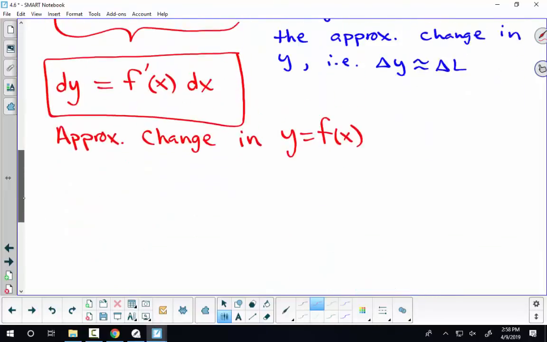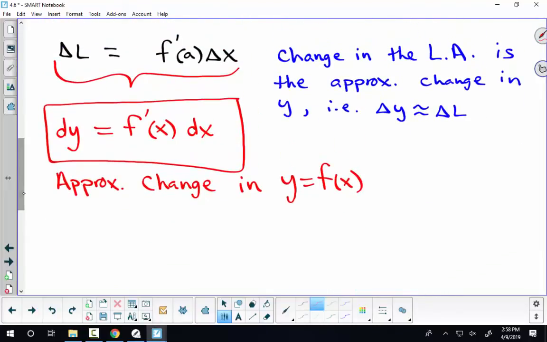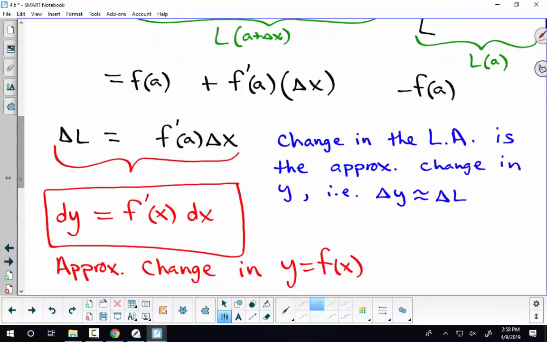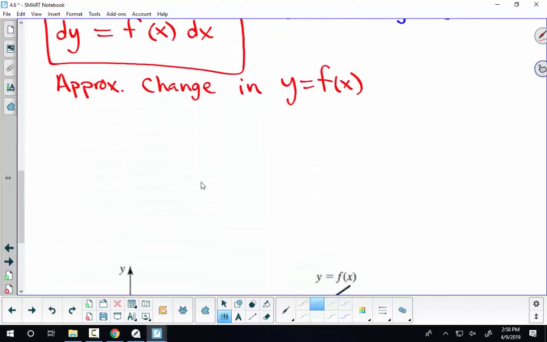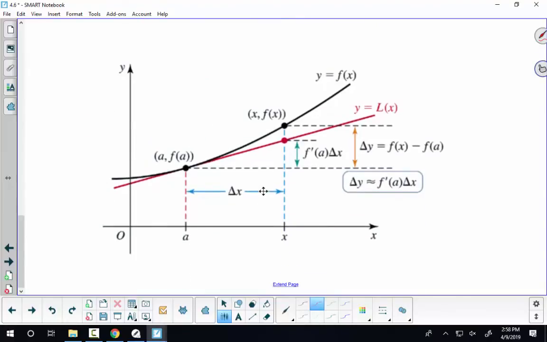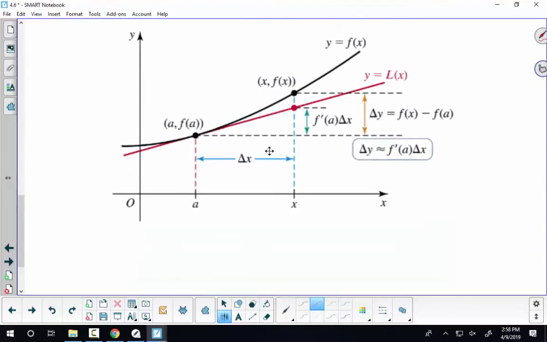Okay, so there's a diagram below. Just make sure everybody has all of this, just to kind of give you a visual sense of what we're looking at.